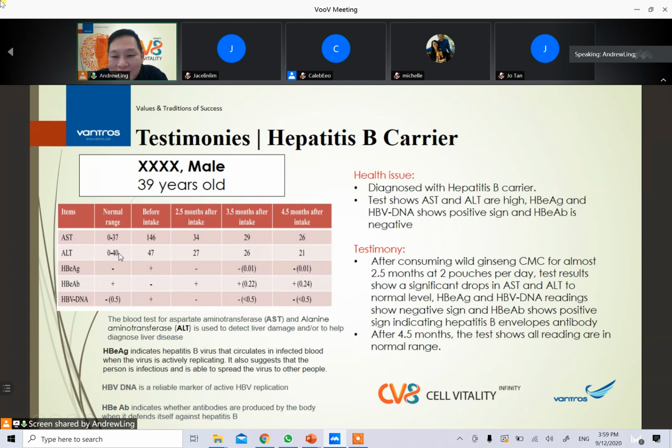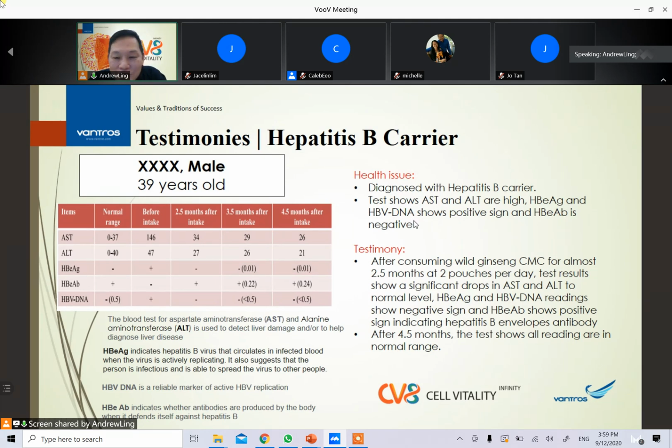The tests also show that his HBsAg, which is a test to determine whether the hepatitis B virus is circulating in your blood, should by right be negative. But this guy, because he is a hepatitis B carrier, it is positive.